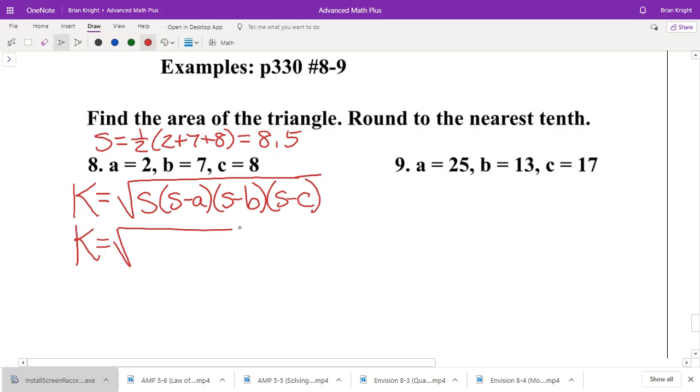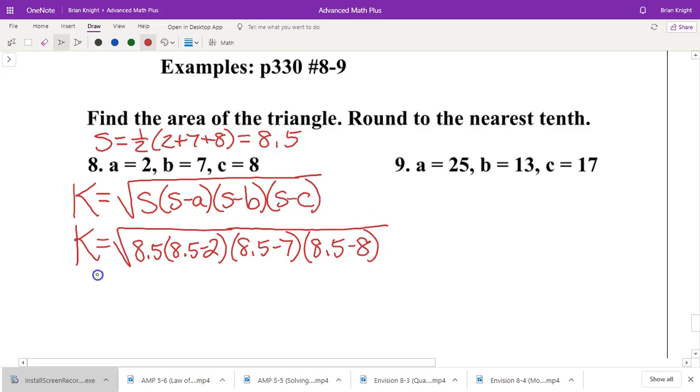It's a lot, but you can do it. It's just a pattern. So S is 8.5, times 8.5 minus 2, times 8.5 minus 7, times 8.5 minus 8.